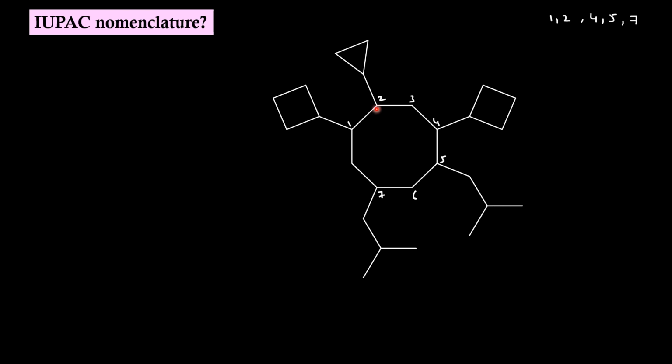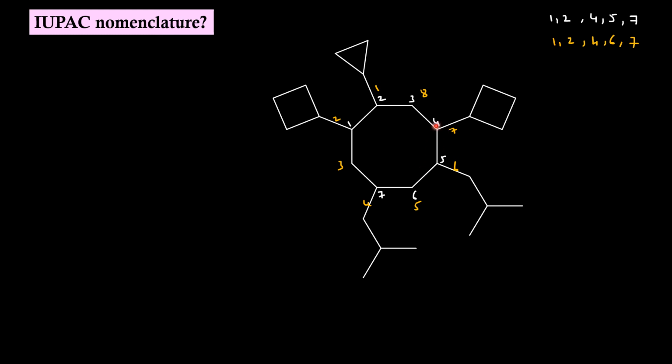If we try to number from this position, then we will have 1, 2, 3, 4, 5, 6, 7 and 8. Our locants will be 1, 2, 4, 6 and 7.